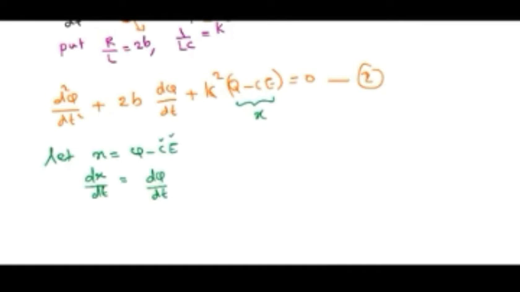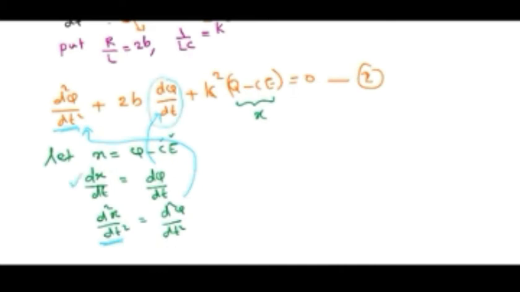Once again if I differentiate, that is d square x by dt square, then this will be d square q by dt square. I can replace this d square q by dt square by d square x by dt square, and I can replace this dq by dt by dx by dt.